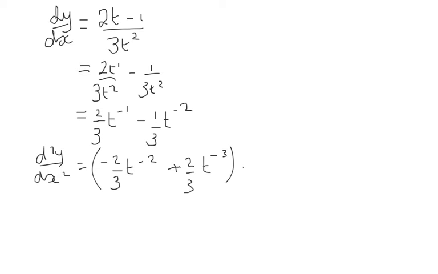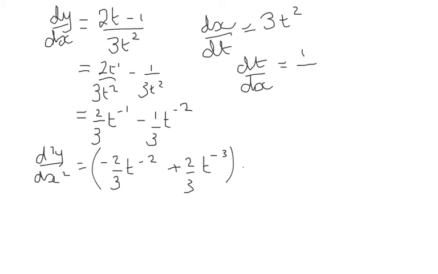Now we knew that dx/dt was 3t squared. So its reciprocal, upside down, dt/dx is 1 over 3t squared. So we put 1 over 3t squared here.